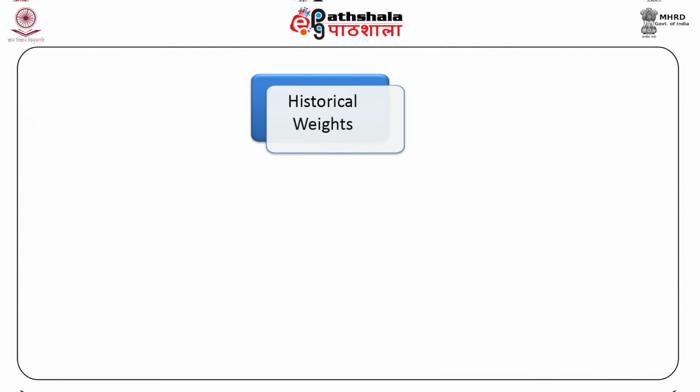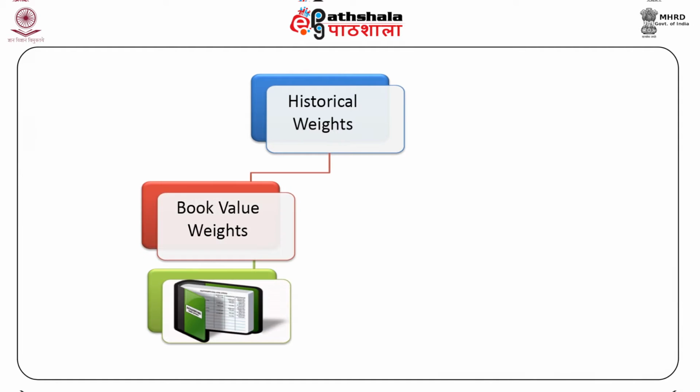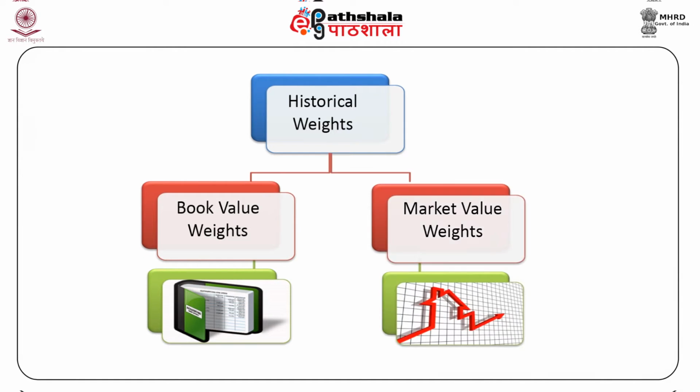The historical weights can further be divided into two types: book value weights and market value weights. Book value weights are weights that use accounting values to measure the proportion of each type of capital in the firm's financial structure.